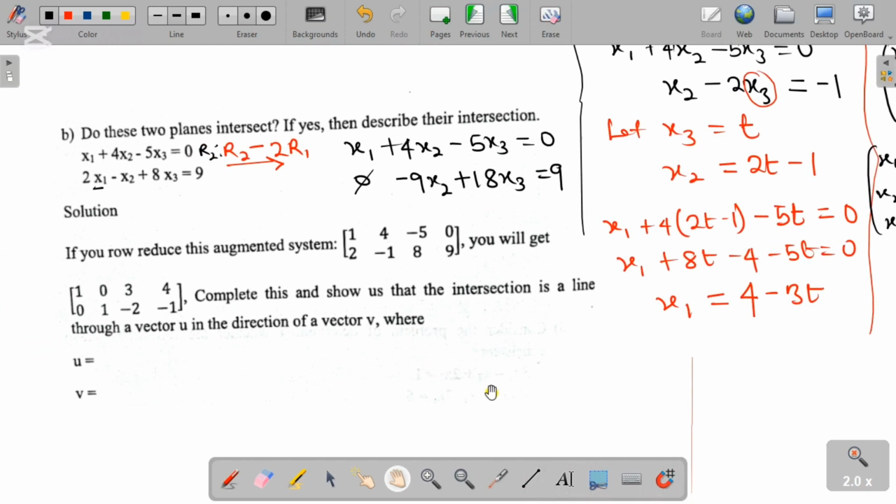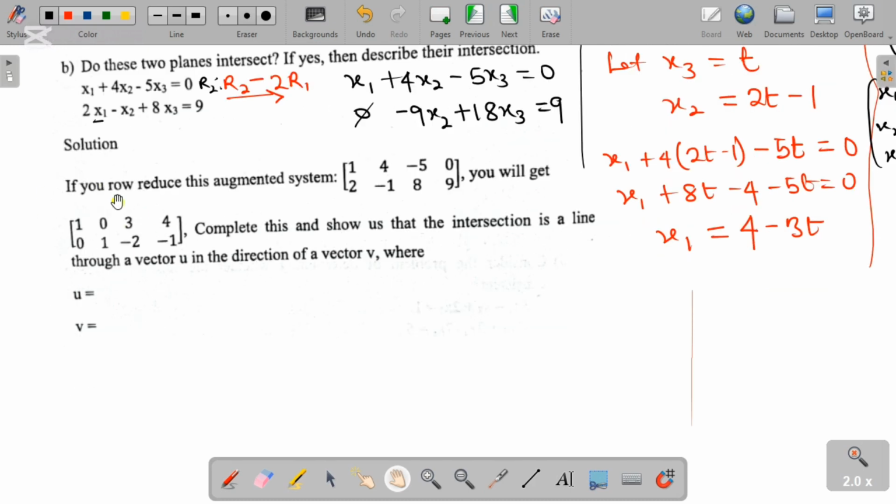Okay, so for the fact that we're able to express that as a linear combination of 2 vectors, it means that there's going to be an intersection of the 2 planes. So coming down here, they said, okay, this is what I just did there. Actually, that's what they are showing us here.